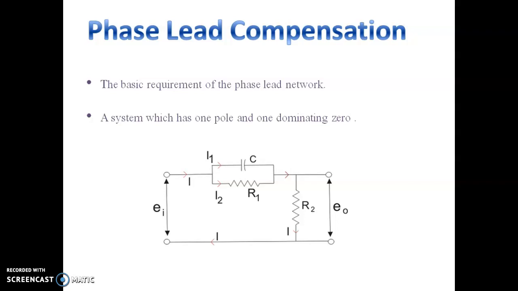If you want to add a dominating zero for the compensation in a control system, then we can select this lead compensating network. So what is the basic requirement of this? The basic requirement is that all poles and zeros of the transfer function should lie in the negative real axis, right? This is the basic requirement.